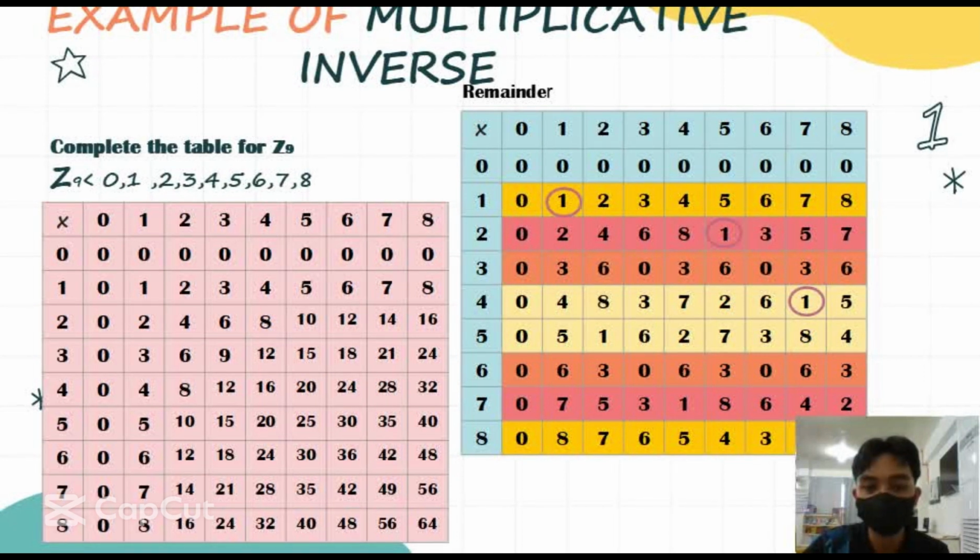Kung diri sa 6, dili na siya 1, no? It's because when we multiply 6 times 3, 6 times 3 is equal to 18 and we know that 18 mod 9, or 18 divide 9, is equal to 2 ug wala siya remainder, 0 ang iyang remainder.